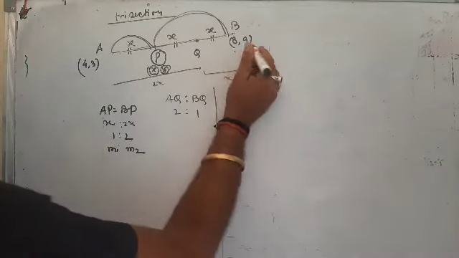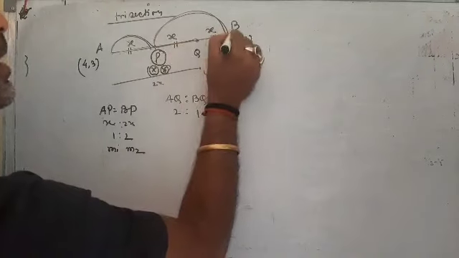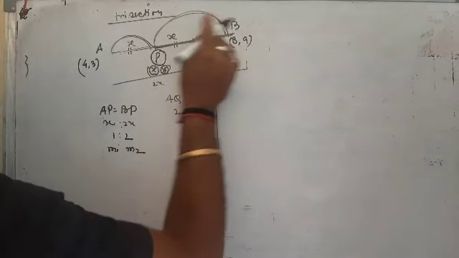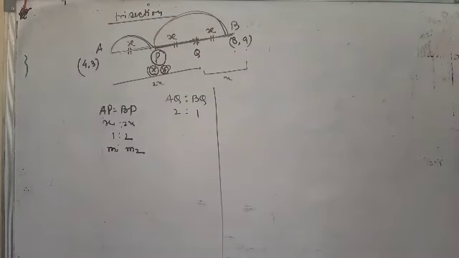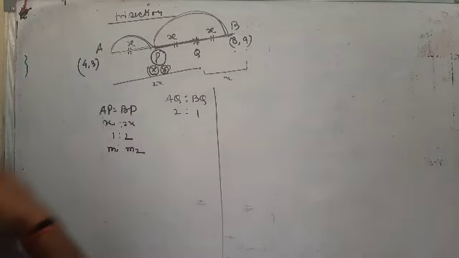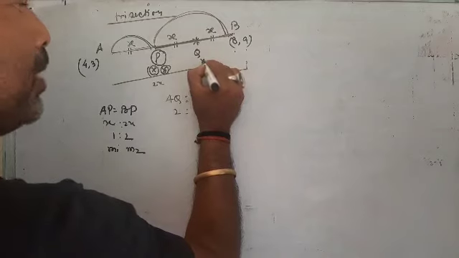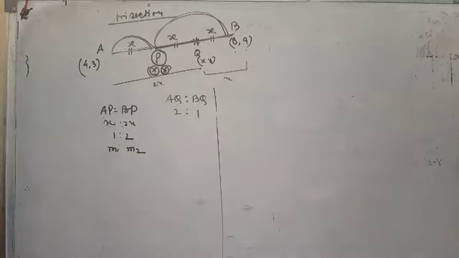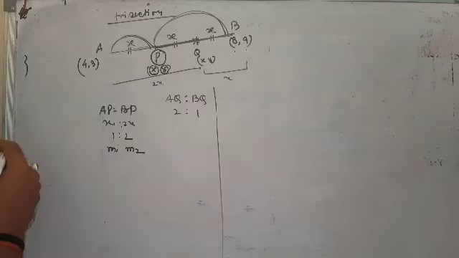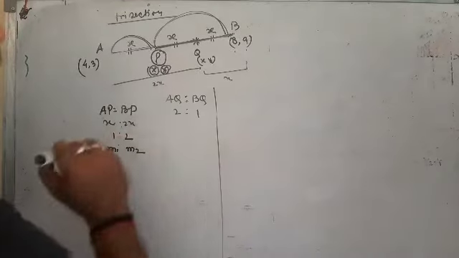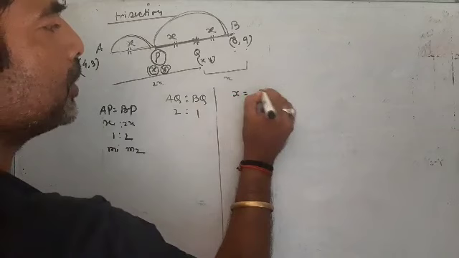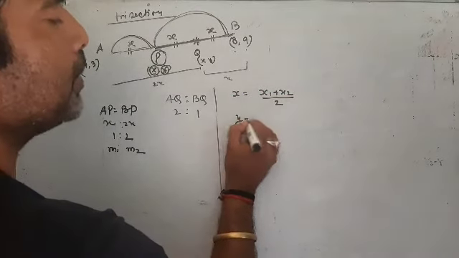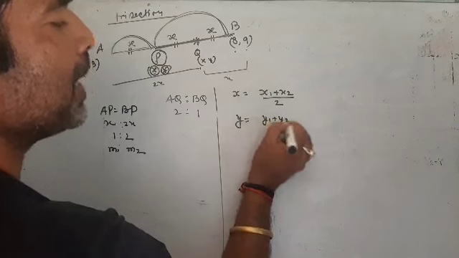Now you can easily understand that PQ is equal to BQ, that means Q is the midpoint of BP. So that time you use the midpoint formula. In the midpoint formula, to find the coordinates of Q, for x you just write (x1 plus x2) by 2, and for y you just write (y1 plus y2) by 2.